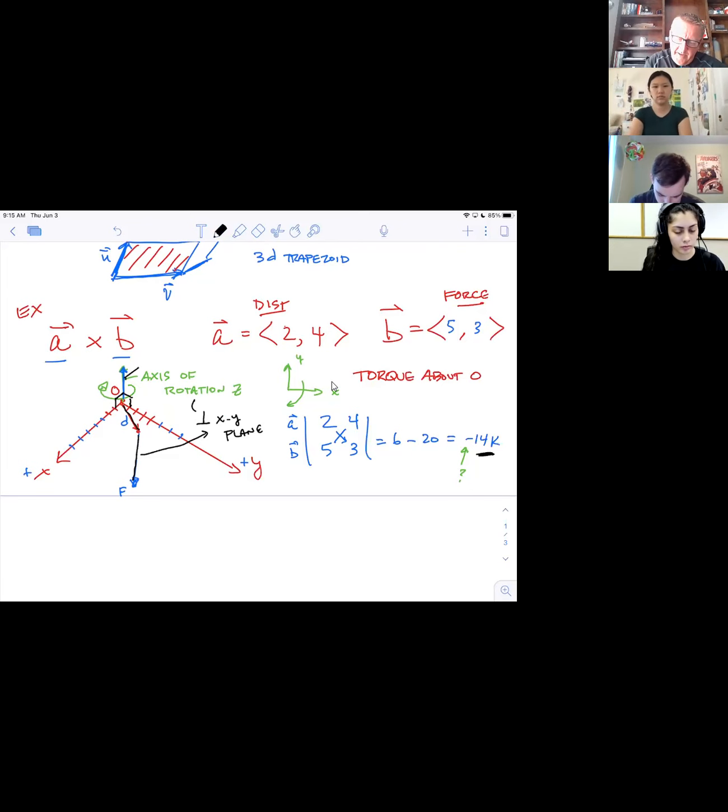That means that this length right here literally is -14. That's the length of that vector. Remember, the length actually means the force, or the miles per hour. Now, if it was negative, then that means I actually go the other direction. Does that make sense?